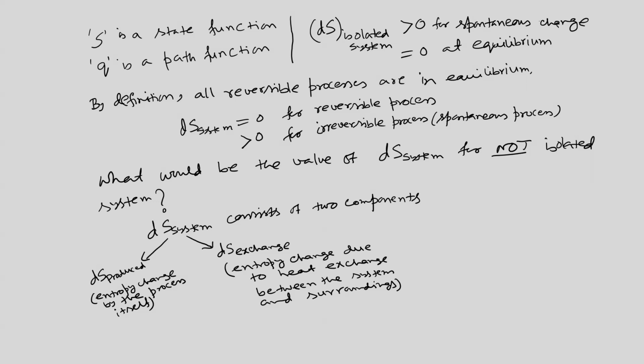So, dS exchange will be 0 when there is no heat exchange between the system and surroundings, and for an isolated process dS system is nothing but dS produced, because there is no heat exchange.